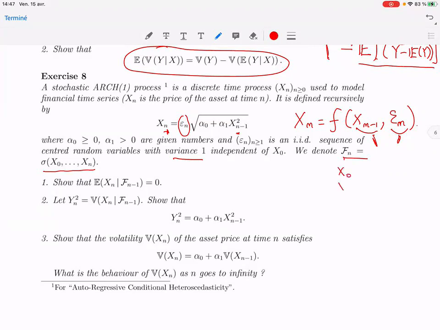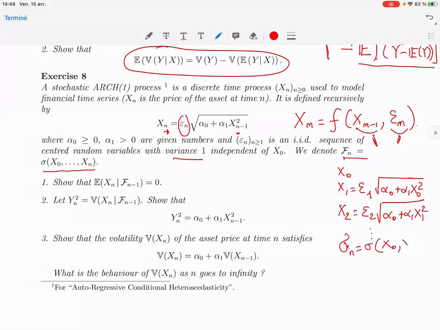You have x0 first, x1 is epsilon 1 square root of alpha 0 plus alpha 1 x0 square, x2 is epsilon 2 square root of alpha 0 plus alpha 1 x1 square, and so on. So in fact, this Fn is a sigma of x0, x1, ..., xn.